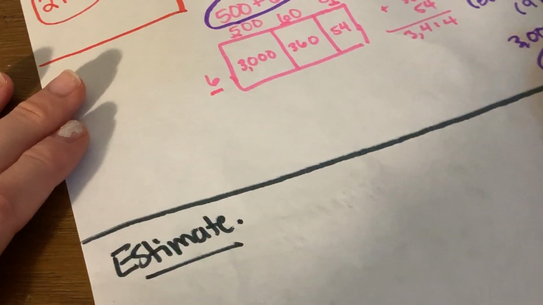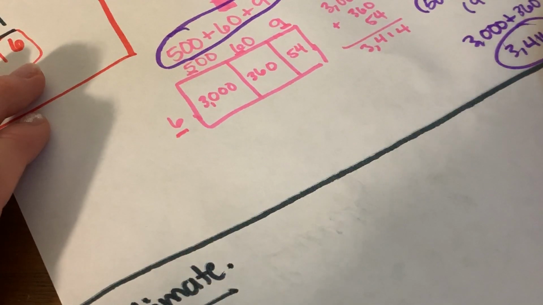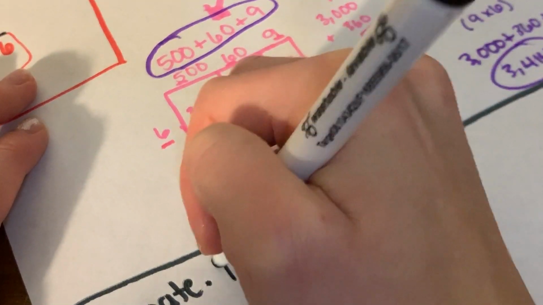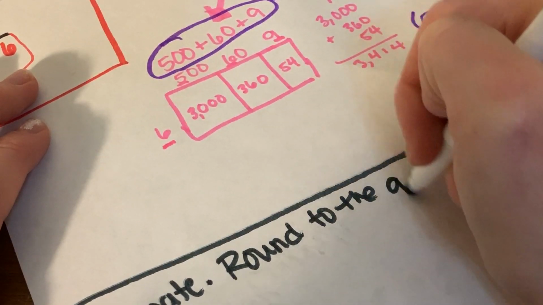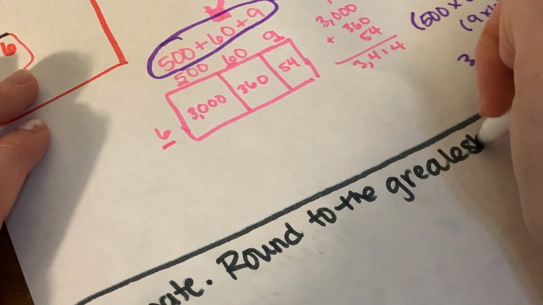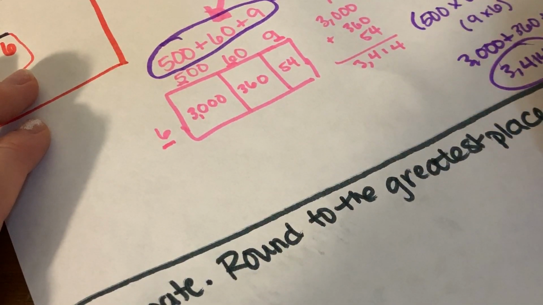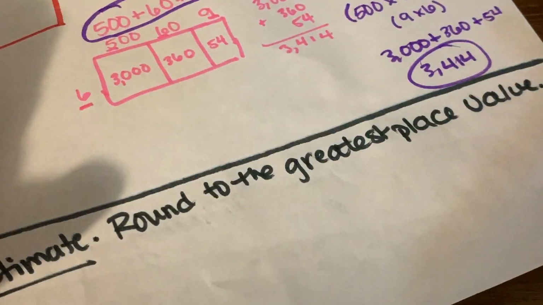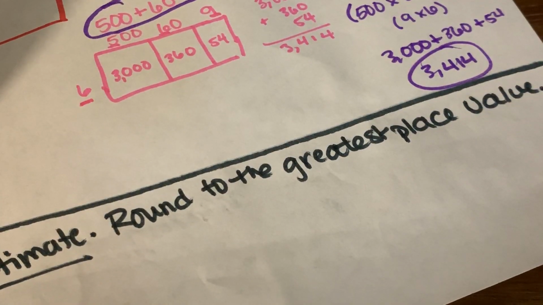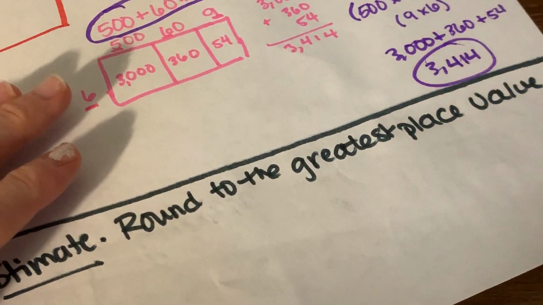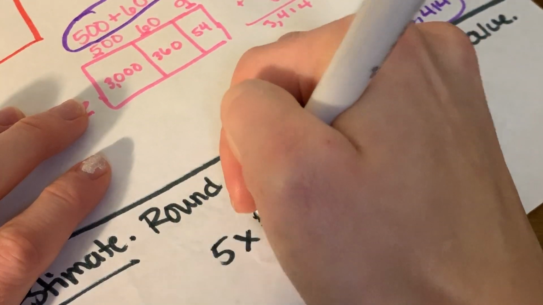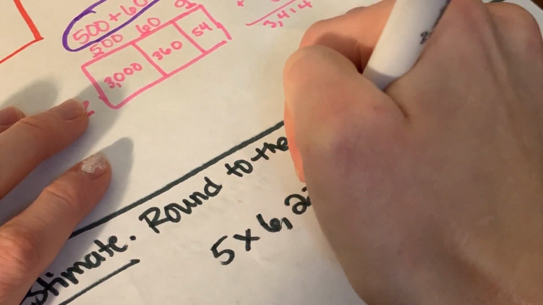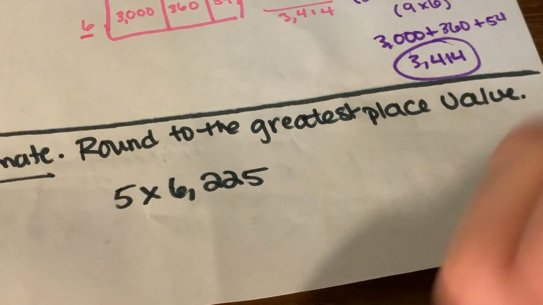Right, that is your clue to round. So we are going to round to the greatest place value. Sometimes I get the question of, what if it doesn't tell me what place value to round to? Then in that case, you choose. But in this case, I'm telling you to round to the greatest place value. So we're going to look at 5 times 6,225. Go ahead and give that a go.